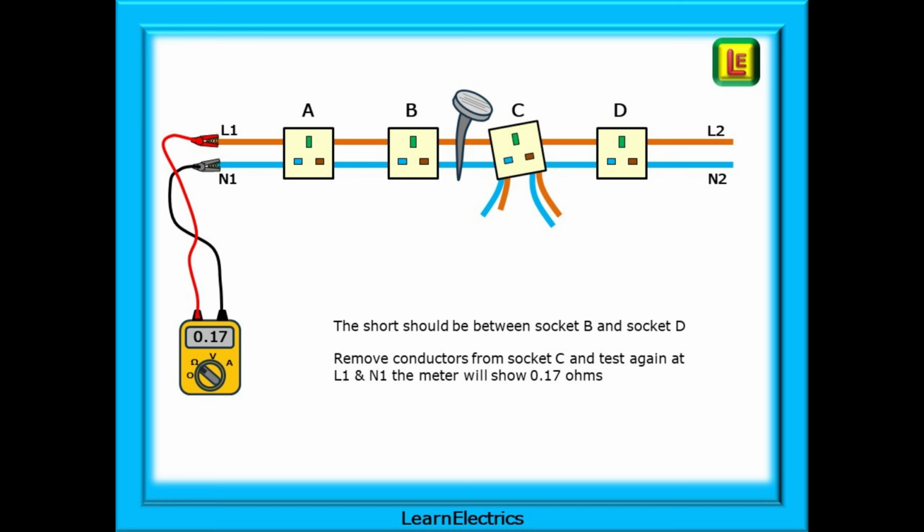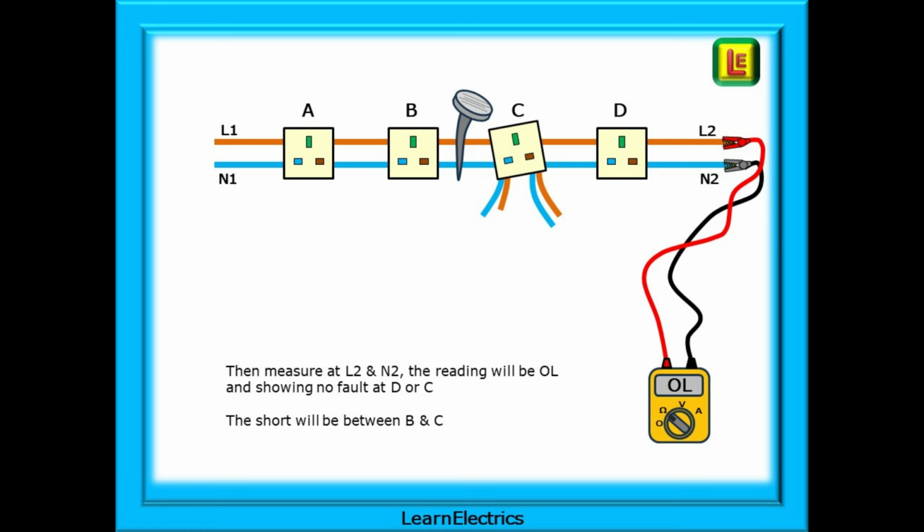To prove this, remove the conductors from socket C and test again. First, between L1 and N1, and the meter will show 0.17 ohms, as the test signal can only get as far as the nail. Now measure between L2 and N2, the other two ends of the ring circuit that are at the consumer unit.